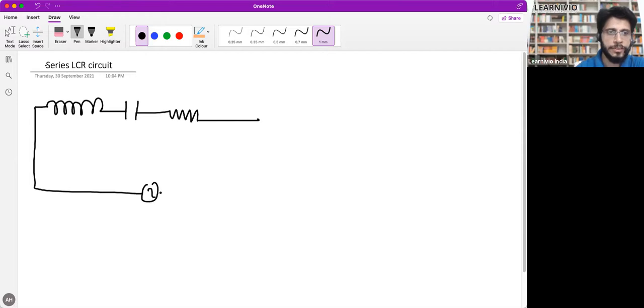For doing series LCR circuits, you should know vectors. Here, voltage, EMF, and current will behave like vector quantities. You should remember the parallelogram law.